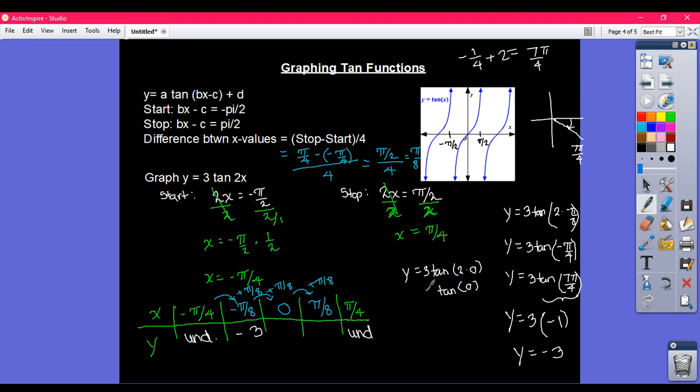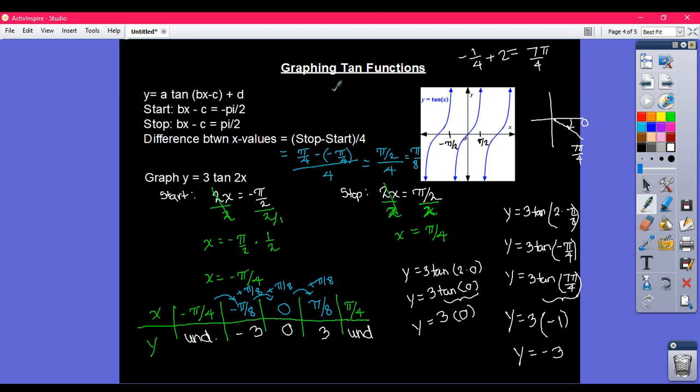And if I look on the unit circle at 0, the tangent value there is also 0. So the tangent of 0 is 0. 0 times 3 is 0. And the nice thing about the tangent function, as long as there's no d value, vertical translation added outside the parentheses, is it's a pattern, negative 3, 0, and then it'll go up to 3. You can plug it in and, of course, check it.